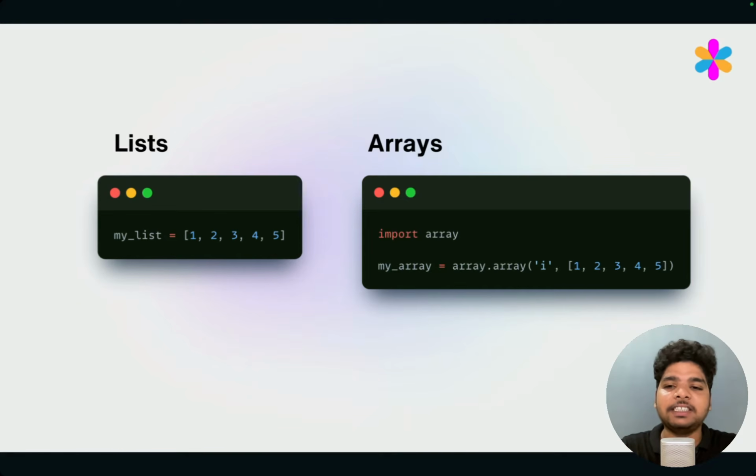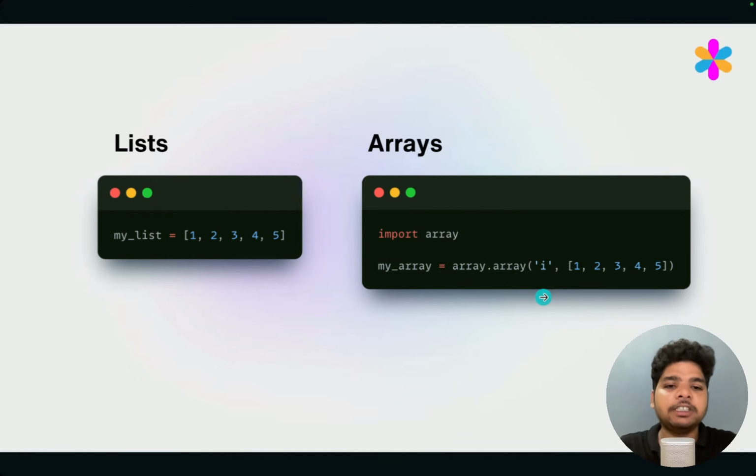If it is of size 10, then we can't change that. We can't add further elements to this array. But in Python, lists are dynamic in size. If initially it contains only three elements and we want to add more elements, we can add them. So the list and the array module are both dynamic in nature, but there are some differences between them.